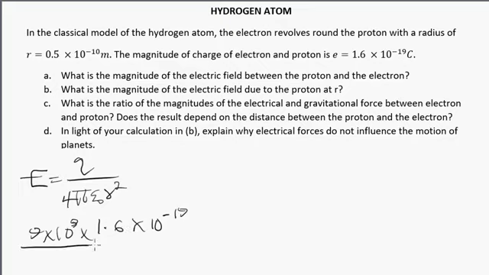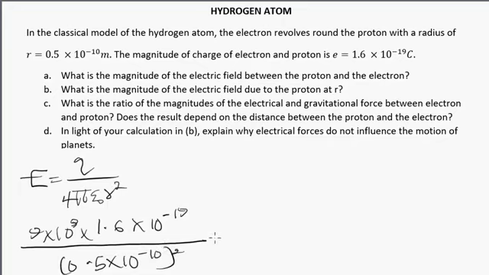This is over the square of the distance here, which is 0.5 times 10 to the power of minus 10, and we square this because r is squared.